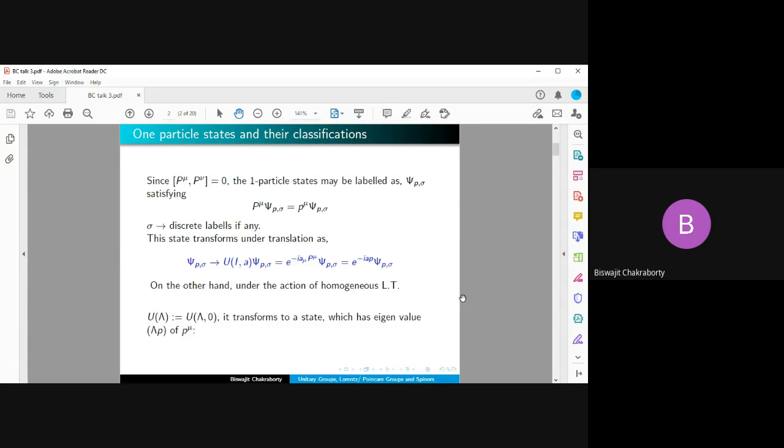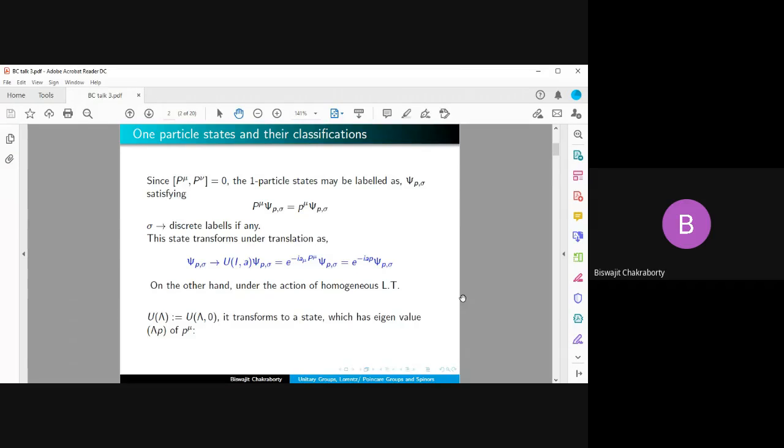For example, when I discussed the Weyl spinor yesterday, I said that it will have helicity components plus half and minus half, but I did not say what is the group theoretical reason behind it. Today I will try to see how this comes about. So let me start with this one particle state psi p sigma, which is the eigenstate of the P mu operator with eigenvalue p mu, and sigma is any discrete label if there is any spin content in the theory.